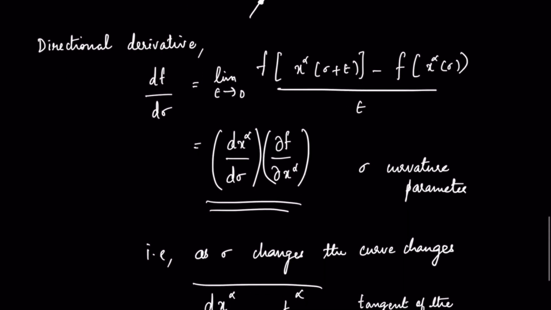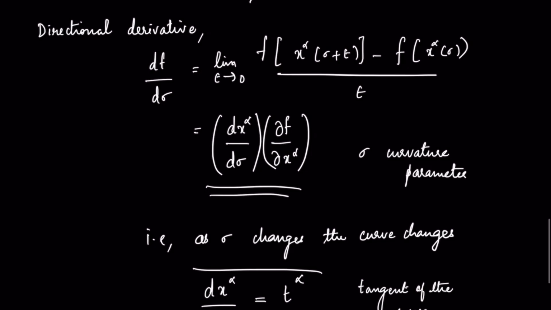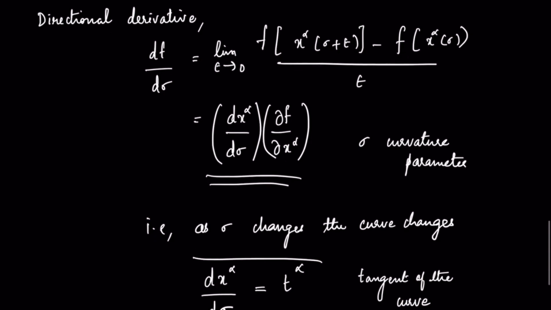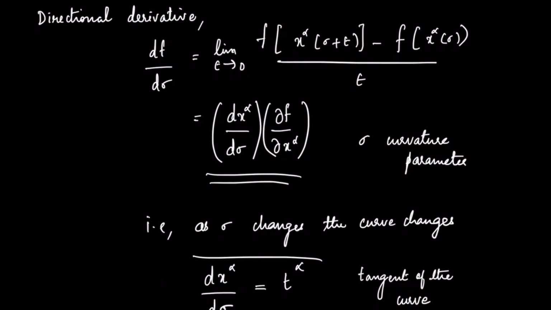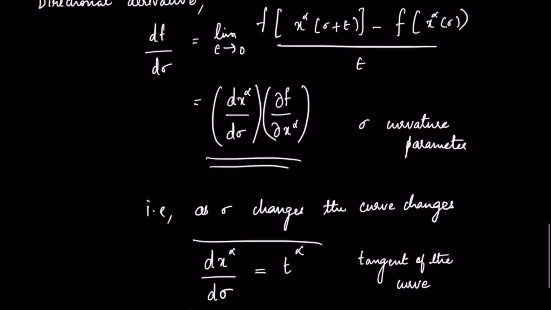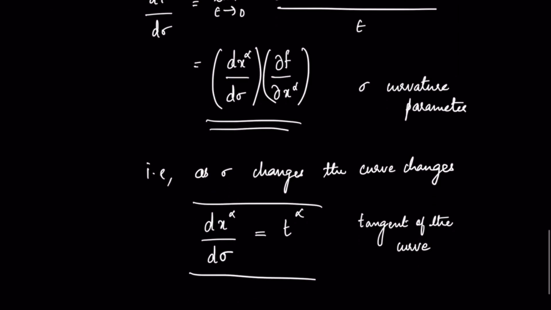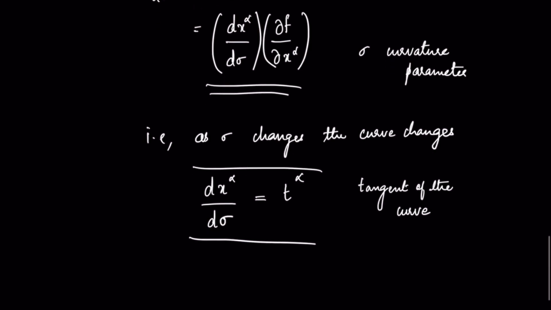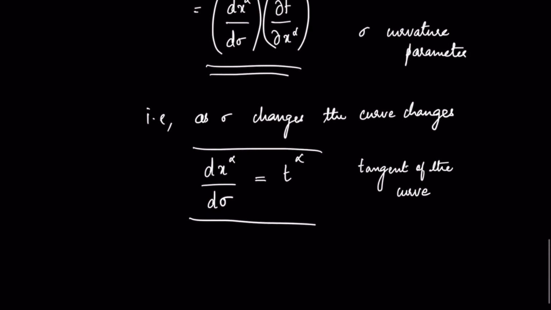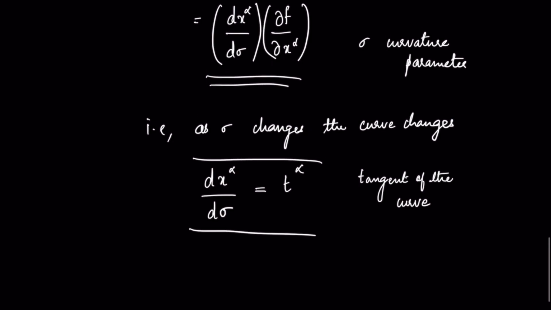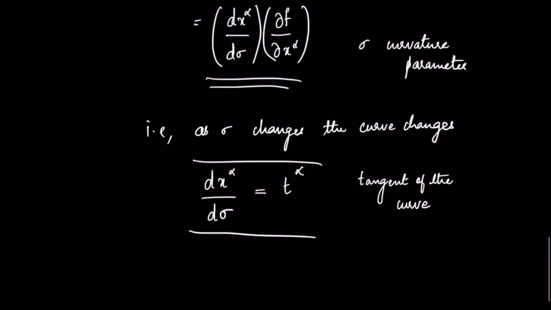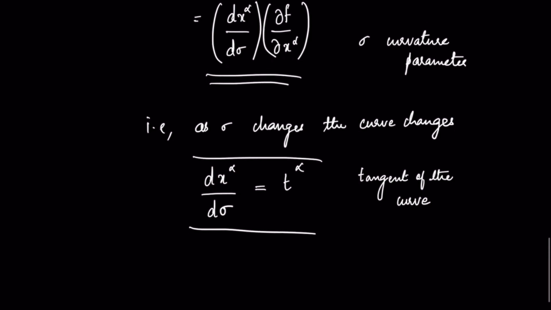So the directional derivative df by d sigma can be written as the total derivative of x alpha with respect to sigma, because x alpha is a function of sigma, and the partial derivative of f with respect to x alpha. Why partial derivative? Because f is a function of x alpha and x alpha is in turn a function of sigma. Therefore, I have to take the partial derivative of f and the complete derivative of x alpha.